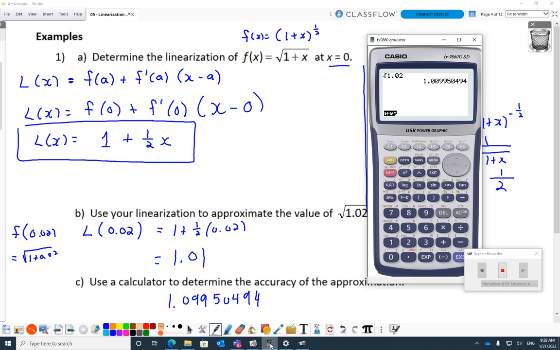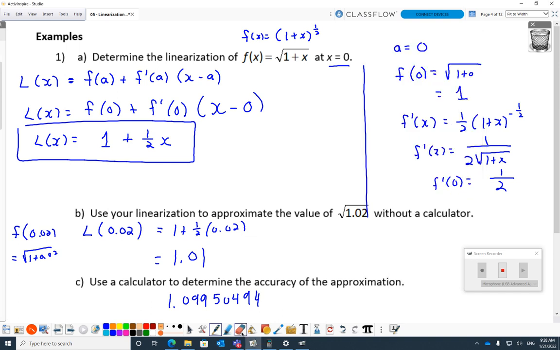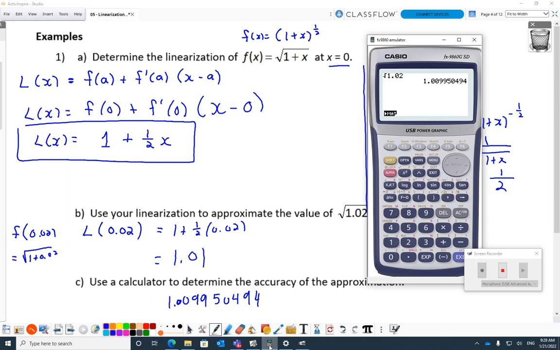Oh, yes, literally just copied it down wrong. Okay, that's good. I'll just erase these ones. It's a good thing, because it wouldn't have been that close, would it have been? But I hope you, when you look at this, you're like, 1.0099504 94, yeah. Would you agree it's pretty close?